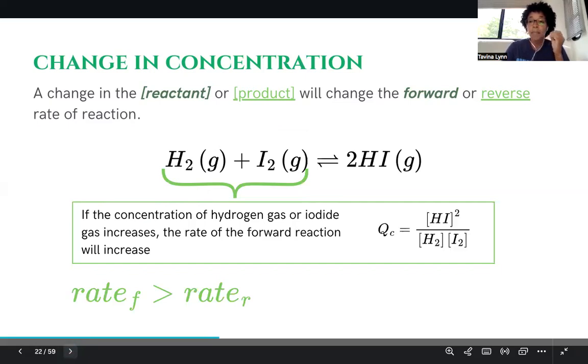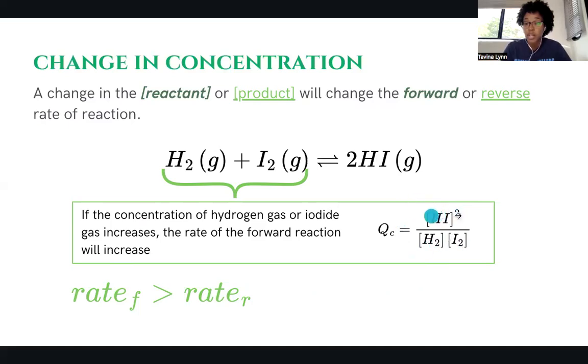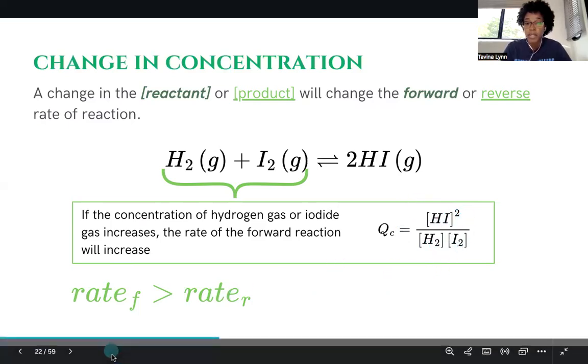Now, coming back to Q and K, the two constants that give us information about equilibrium. We want to compare Q and K to determine the direction the reaction will shift to reestablish equilibrium. Recall this is our reaction quotient expression, concentration of products over reactants.